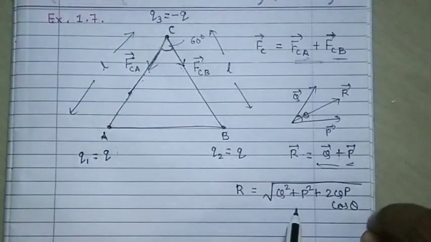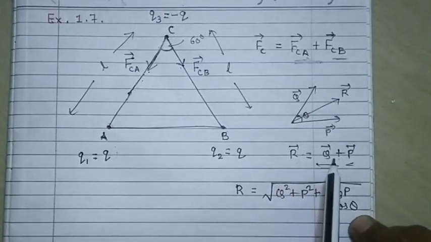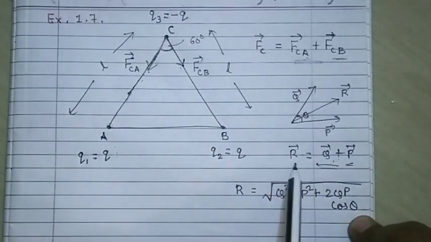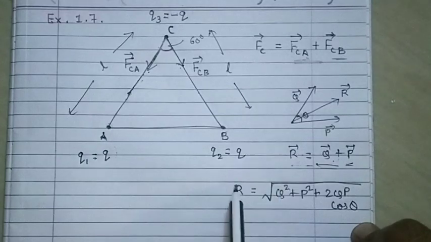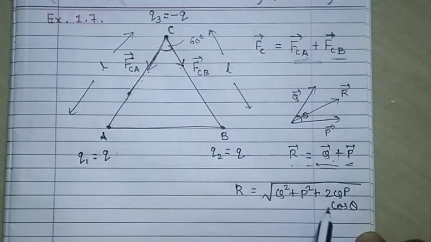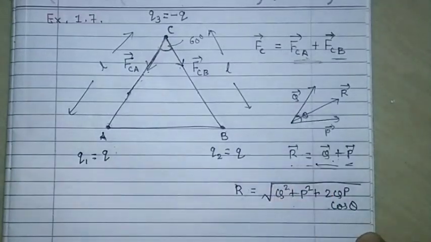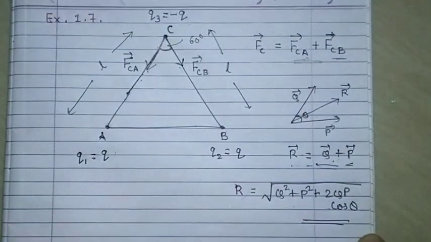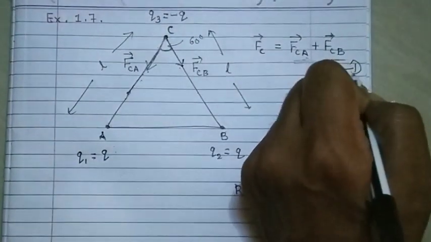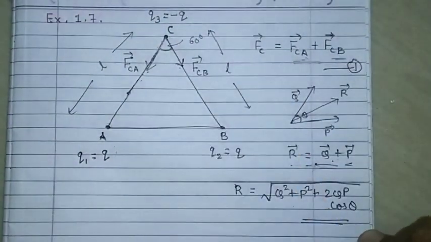This you have studied in 11th standard, that the resultant vector is given by this formula and its magnitude is given by this, if the angle between the two vectors is known to us. So if we apply the same thing here also, this is equation number 1.